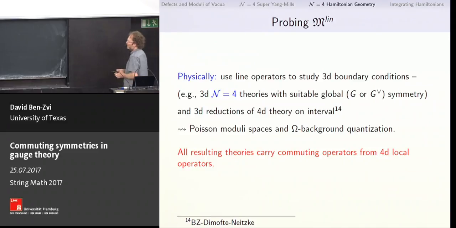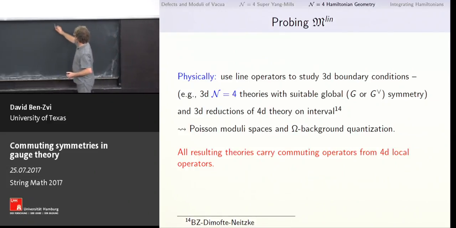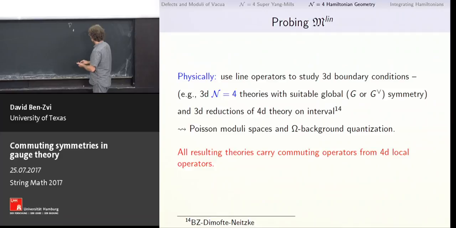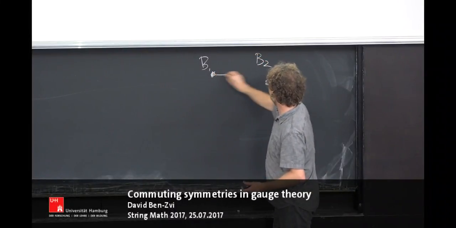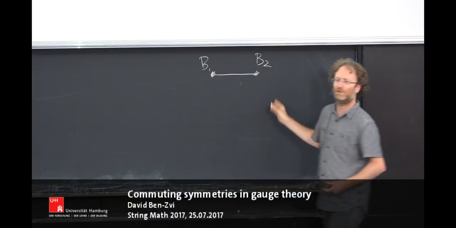And given a boundary condition B1 and another boundary condition B2, I can consider the four-dimensional theory reduced on an interval.